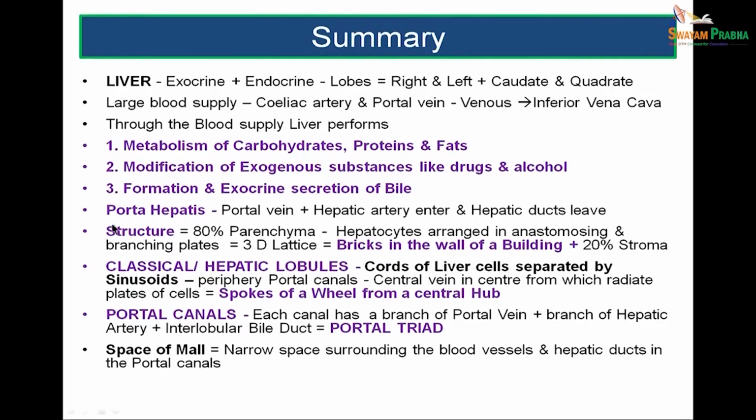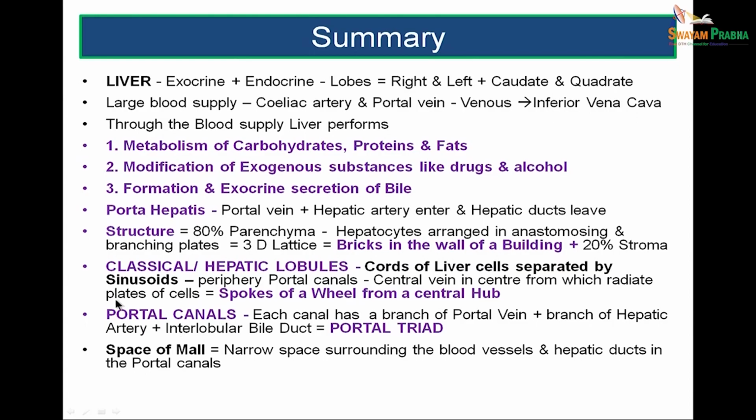We studied the structure of the liver containing 80% parenchyma and 20% stroma. The parenchyma is made up of hepatocytes arranged like bricks in the wall of a building. We described the classical hepatic lobule made up of cords of liver cells separated by sinusoids, having a central vein at the center and a portal canal at the periphery, like spokes of a wheel from a central hub.